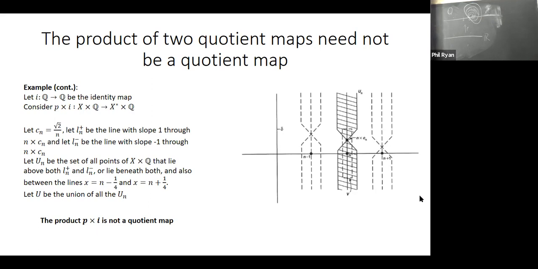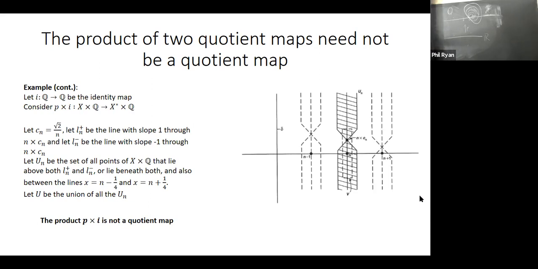Okay. And the reason why it's not is, let's have a look at the following thing. So this is X cross Q, right? Just think about it: in this thing here we've got real numbers, and in here we've only got rational numbers. And this is a line above an integer.